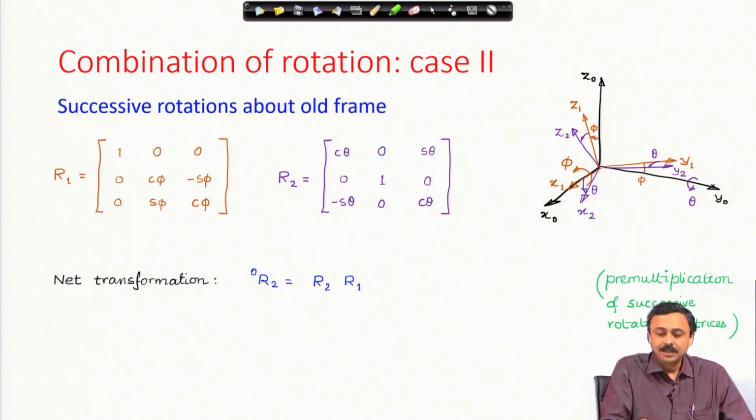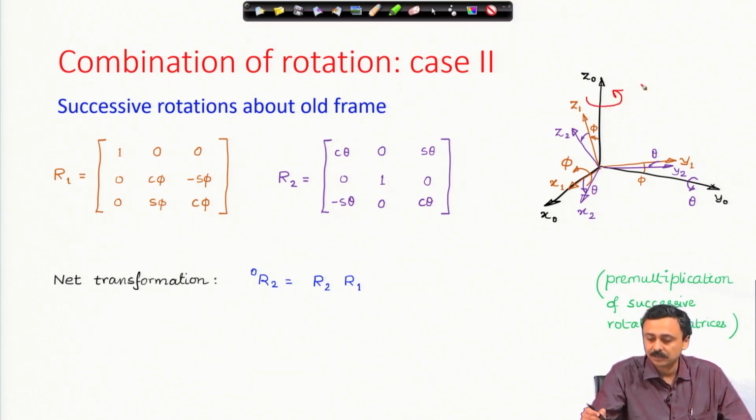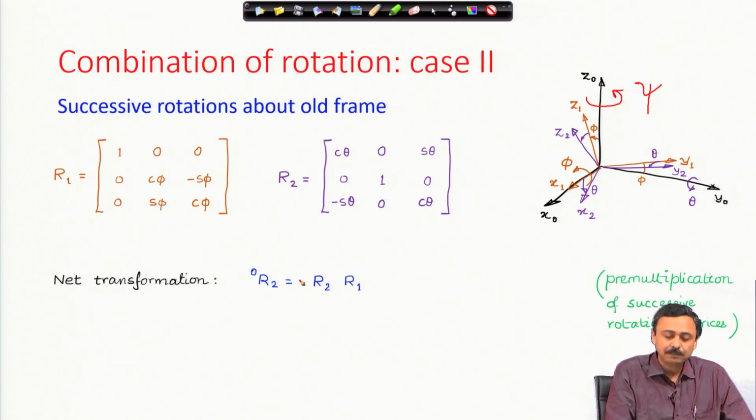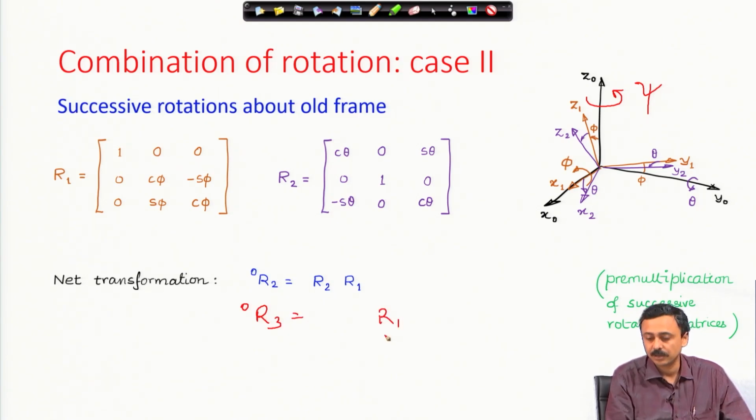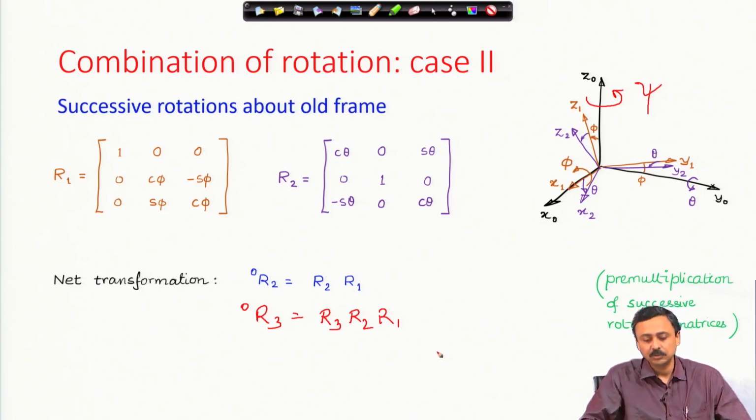Now, as you give more and more rotations, for example, you give a psi rotation about z naught, you will have to keep pre-multiplying. Then r 3 to 0 is, this was the rotation about x naught, this is the rotation about y naught, this is the rotation about z naught. That will give me the net rotation matrix from 3 to 0.